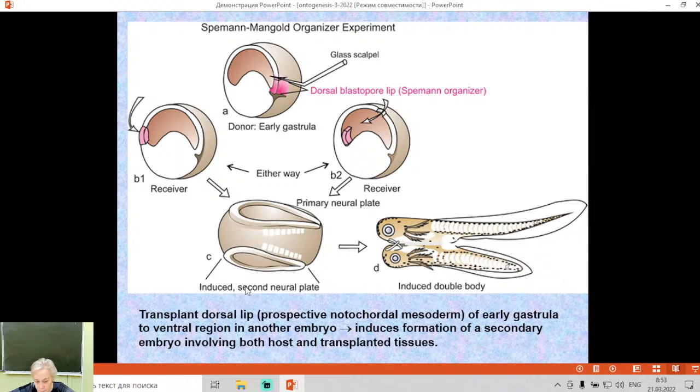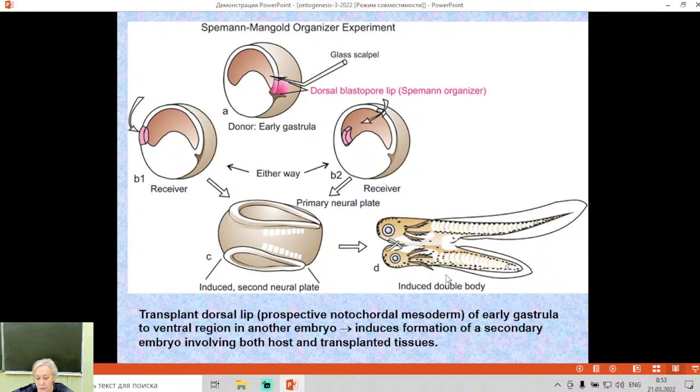And next experiment. Transplant dorsal lip, prospective notochordal mesoderm of early gastrula, from this region, to the ventral region in another embryo. As a result, induced formation of a secondary embryo involving both host and transplanted tissue.